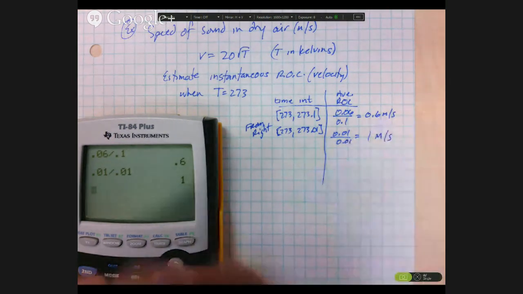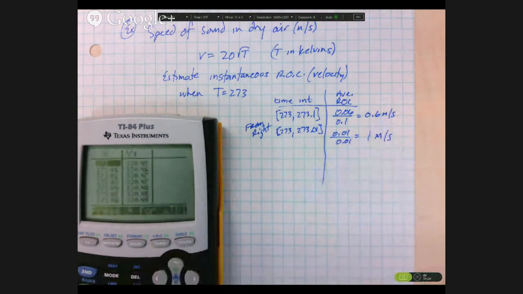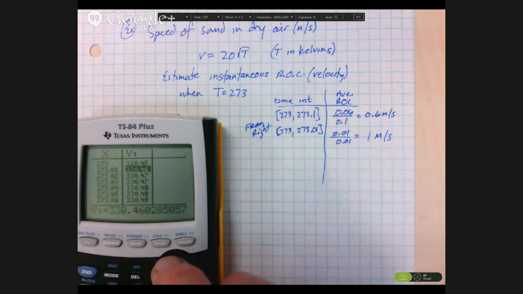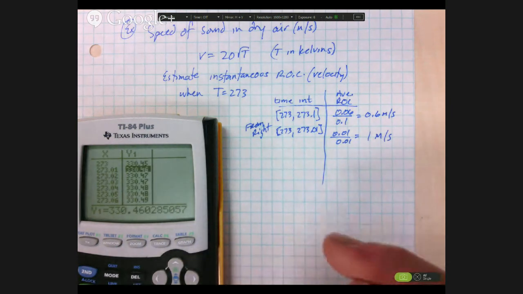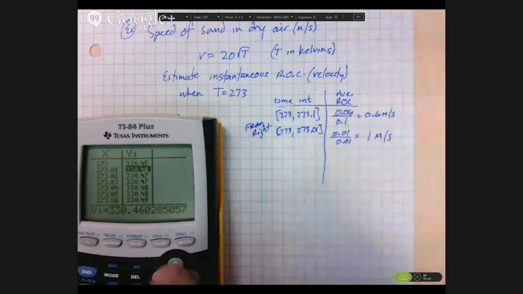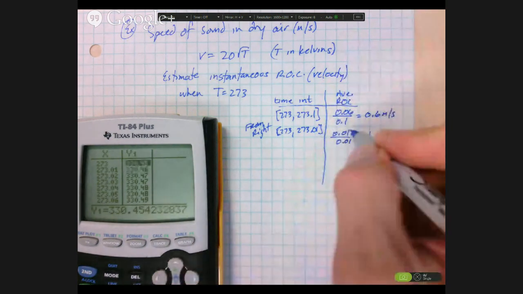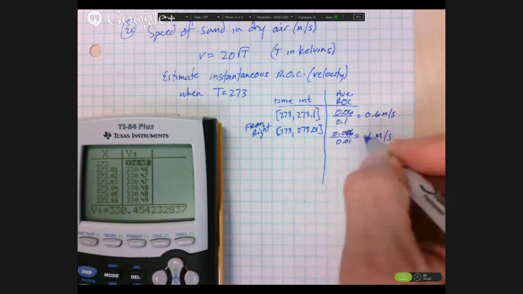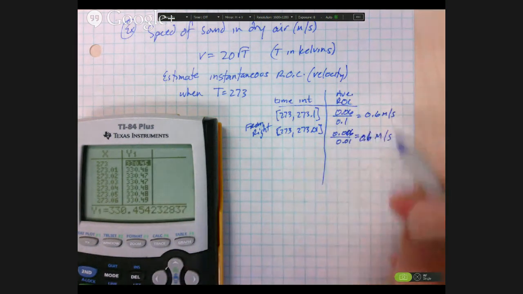Something's not right here. There it is. We're not using precise enough decimals. So the difference is 0.006, so that's going to be 0.6 meters per second.